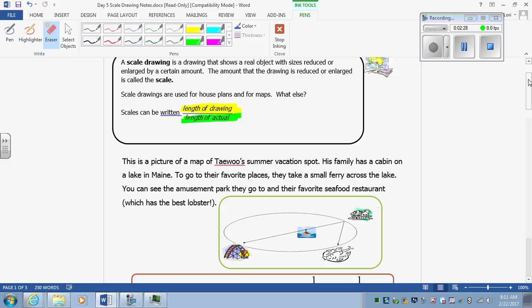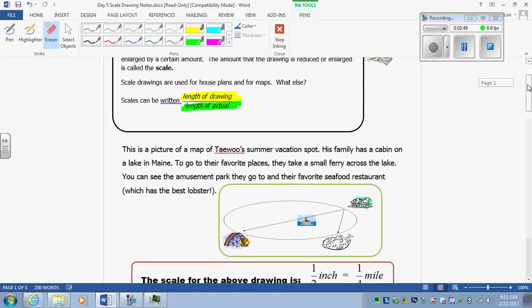We always show that scale as a ratio of the length measured on the drawing, which could be in inches or centimeters, and then the length of the actual object, which could be measured in miles, feet, larger units of measurement.